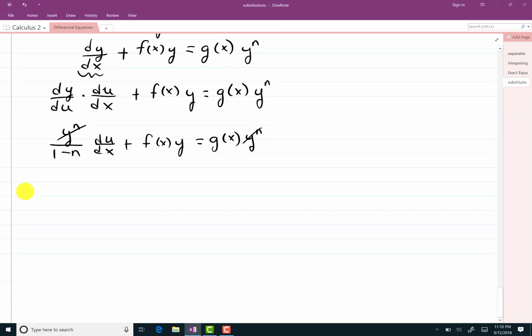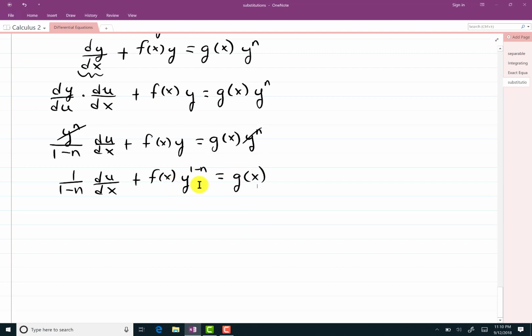Now the first thing you'll do is divide through by this y to the n. So we end up with 1 over 1 minus n du over dx plus f of x times y to the 1 minus n. Remember, when I divide by y to the n, I have to do it to all pieces. And that will equal g of x.